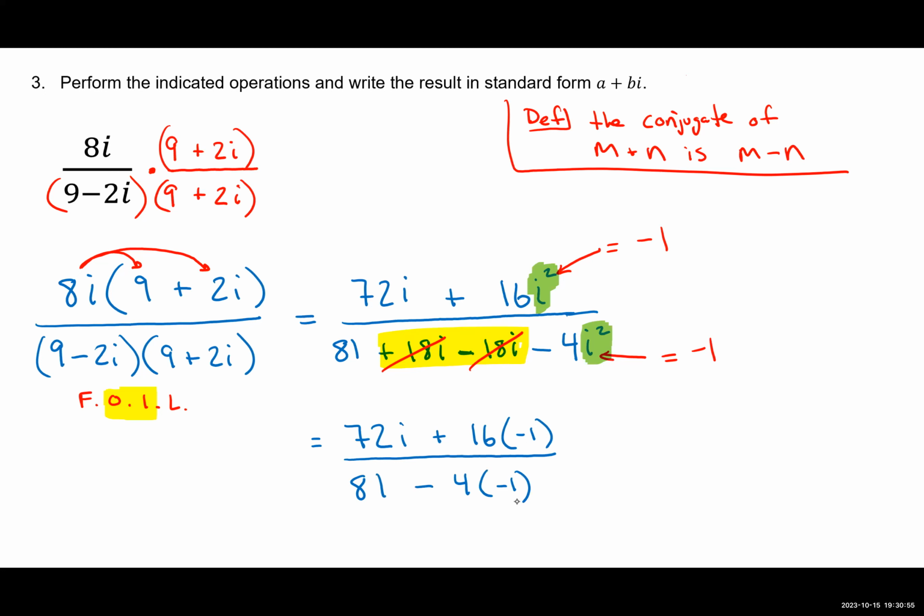Right, those i squareds became -1s. The i stays i. I is a symbol. It means the square root of -1. But we're just treating it like any other variable, except when we square it, it actually becomes a real number.